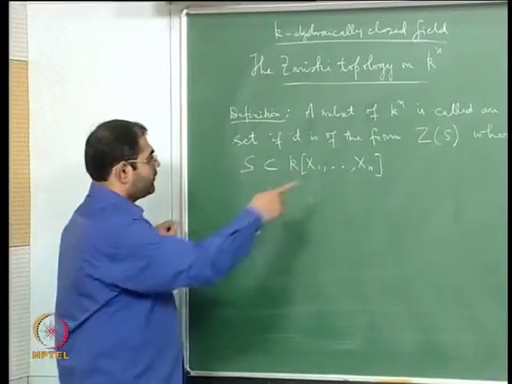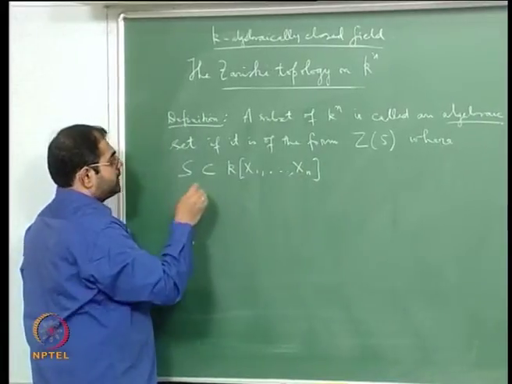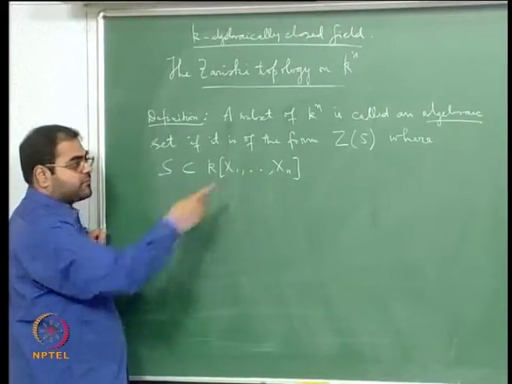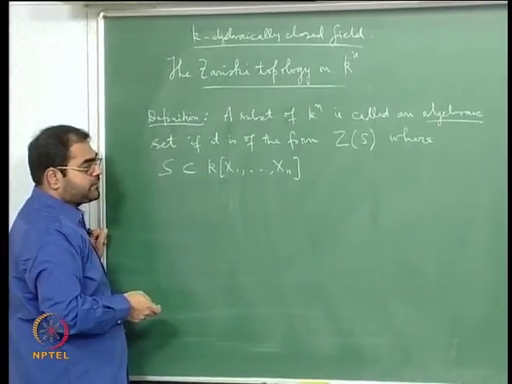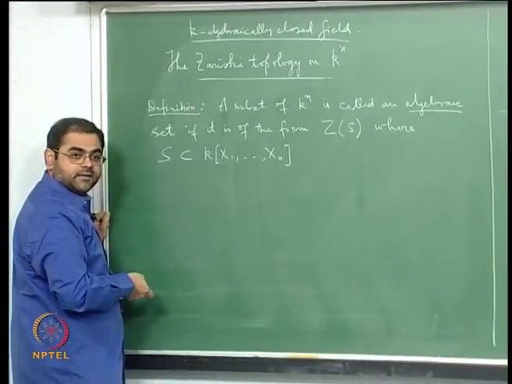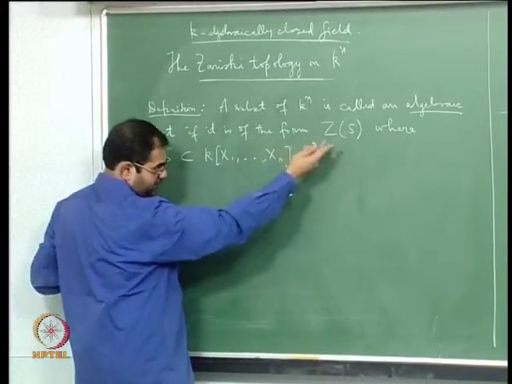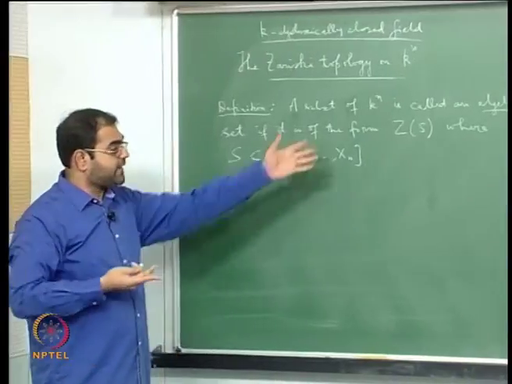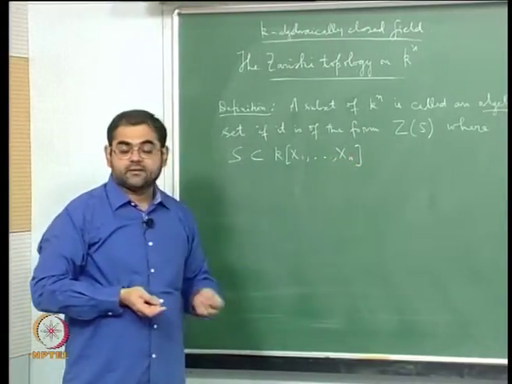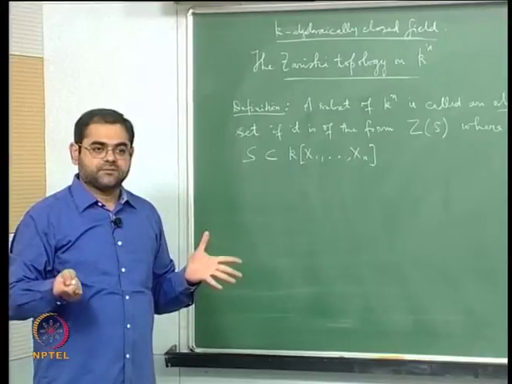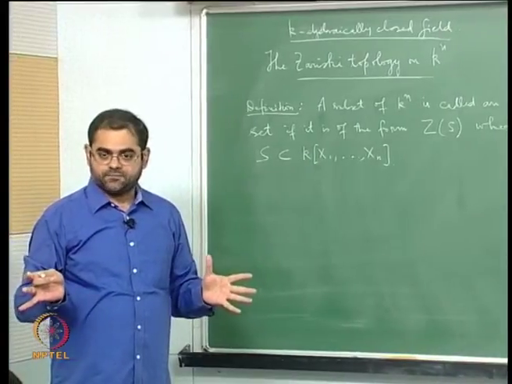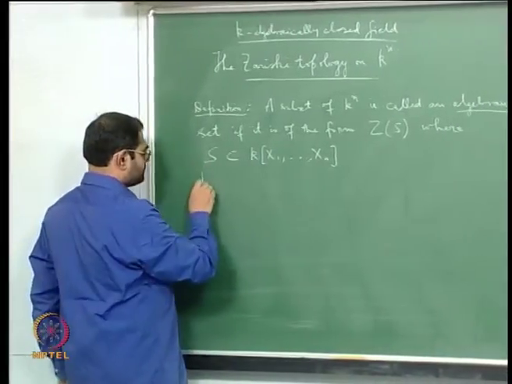Now, immediately you have the following. I'm going to write down some properties, and because of these properties you can declare sets of this form as closed sets, and that will give you the Zariski topology. So here is a lemma.